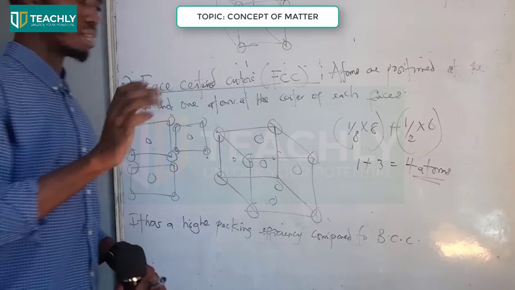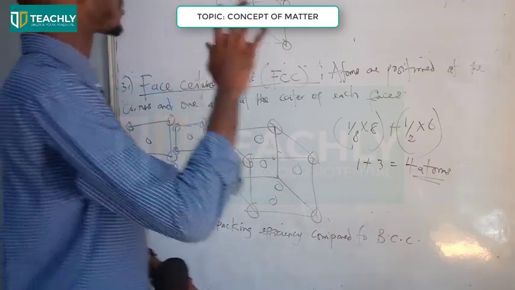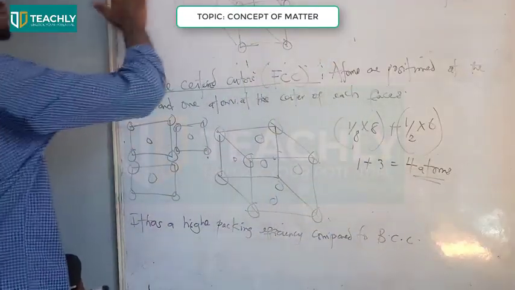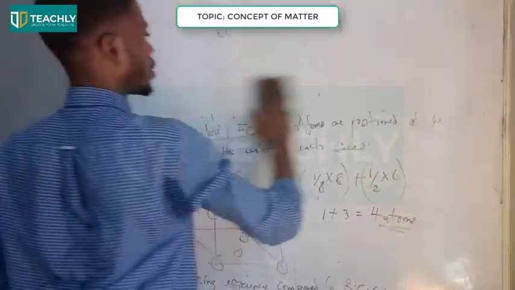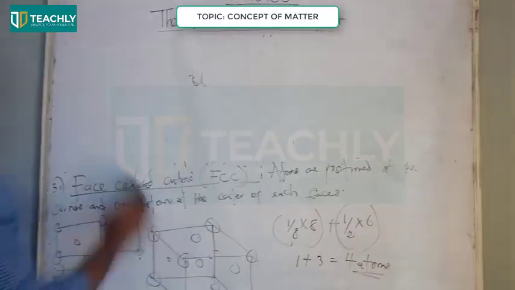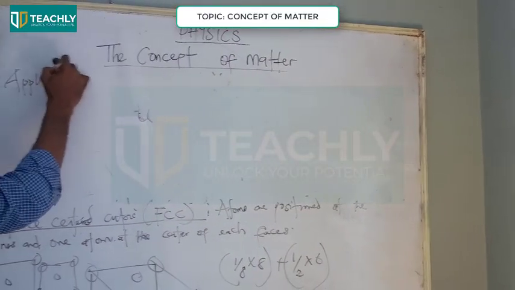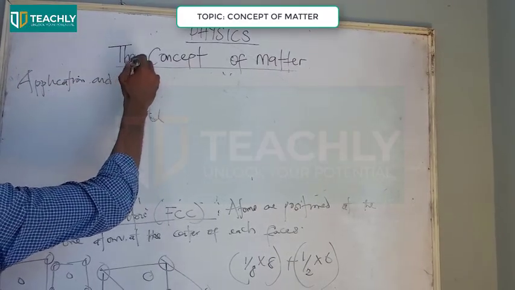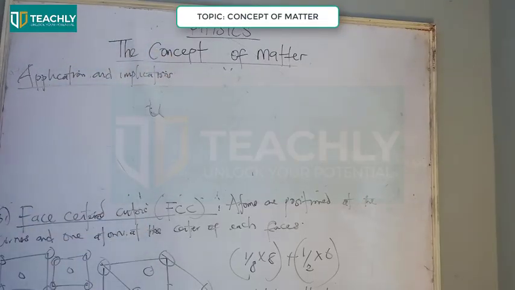Now let's look at the applications and the implications of all this. I'm still considering crystalline and amorphous substances. So, the applications and the implications.